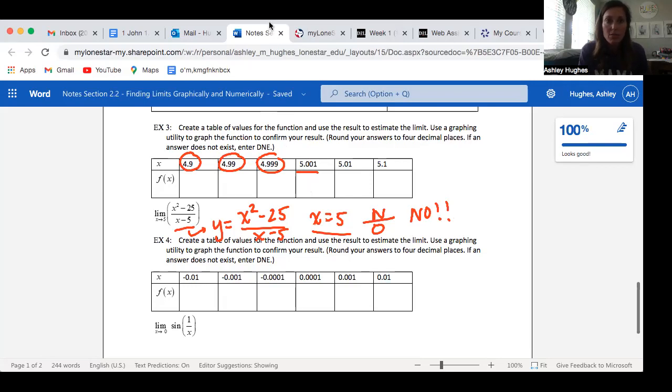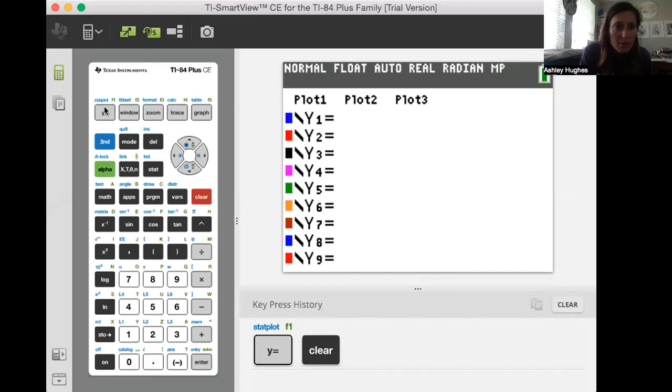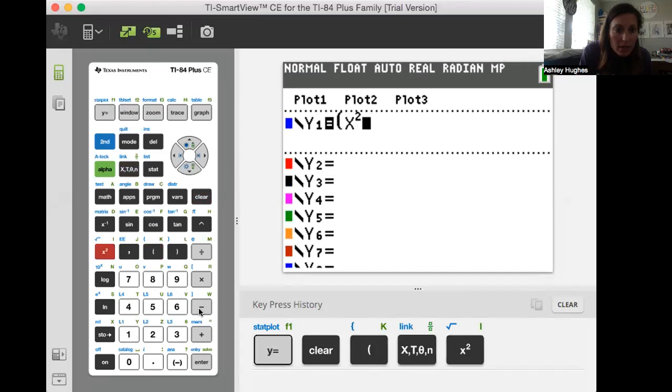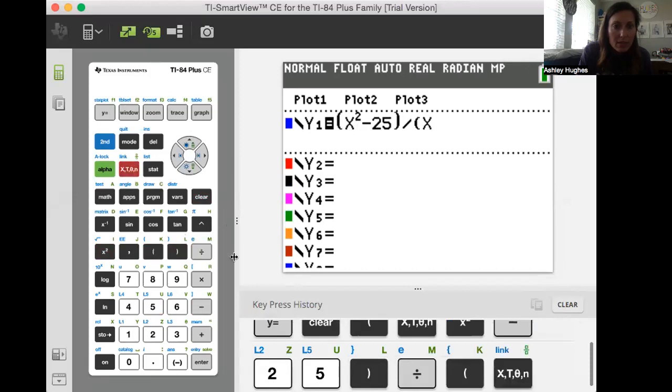And so we're going to do this. Let me move the share screen to this guy. Okay, so we're going to type in y equals x squared minus 25 divided by x minus 5.